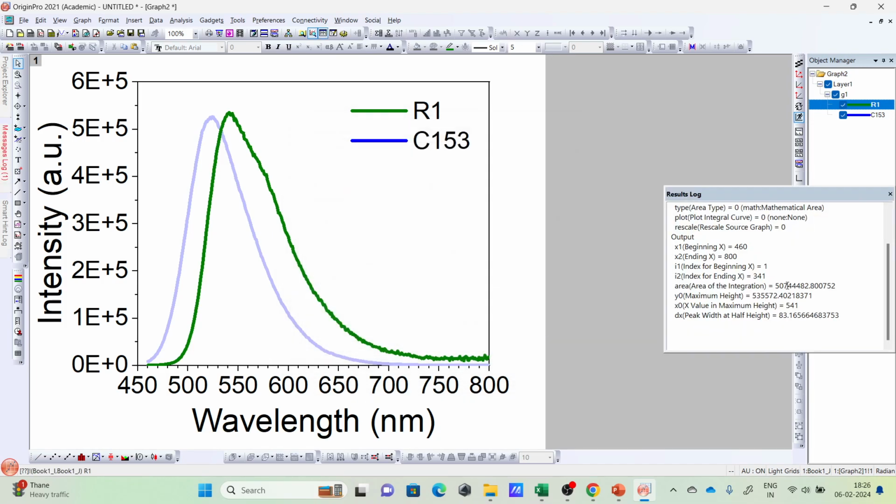So as you can see, whatever values we got, the area of the integration, the area under the curve, which is this. I'll copy this maybe. I'll write it here in my notebook first. So this is around 50744482.8.